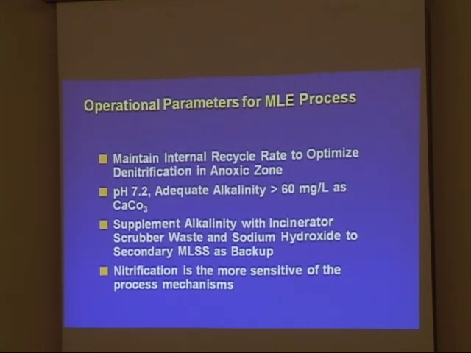Nitrification is more sensitive to the two process mechanisms, so you've got to be careful not to lose nitrification through either not maintaining a long enough SRT or microorganism population during cold weather.